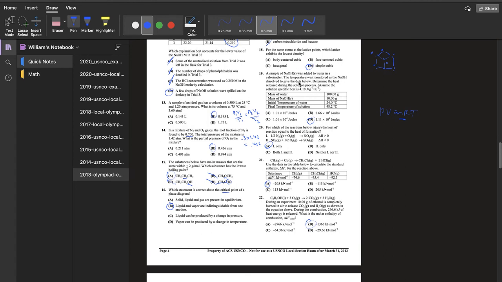NaOH is added to water, temperature is monitored, determine the heat released. So I'll erase the ideal gas equation. Basically, we're going to have q equals mcΔT. You might have seen this written as this, but it means the same thing.